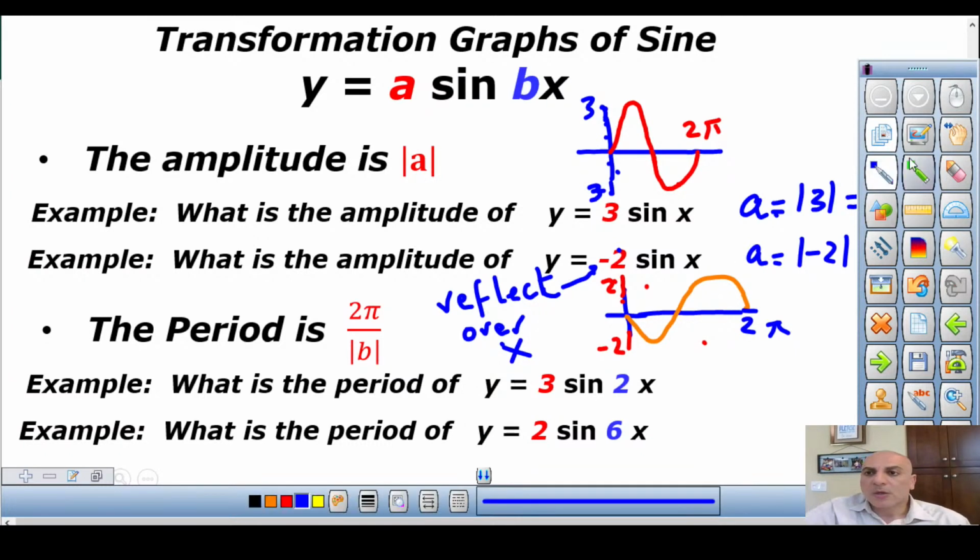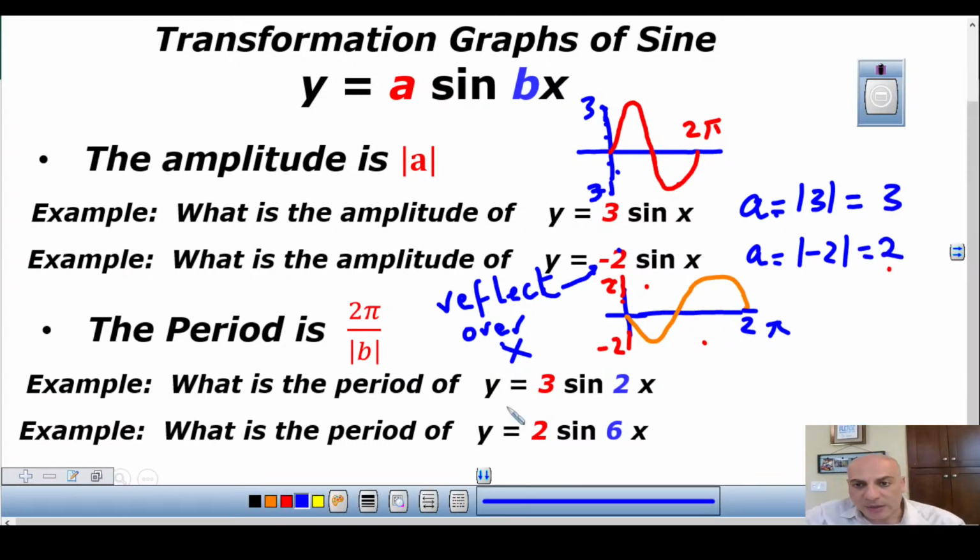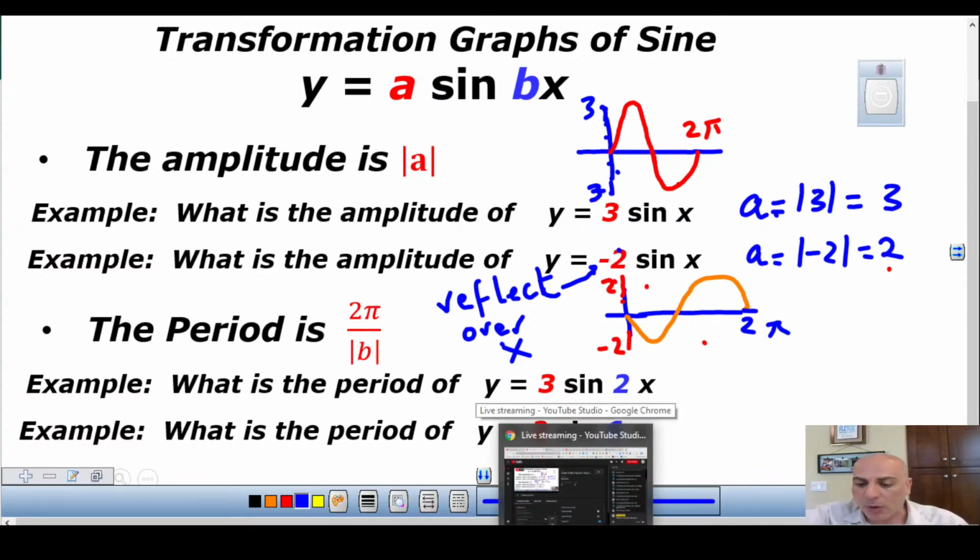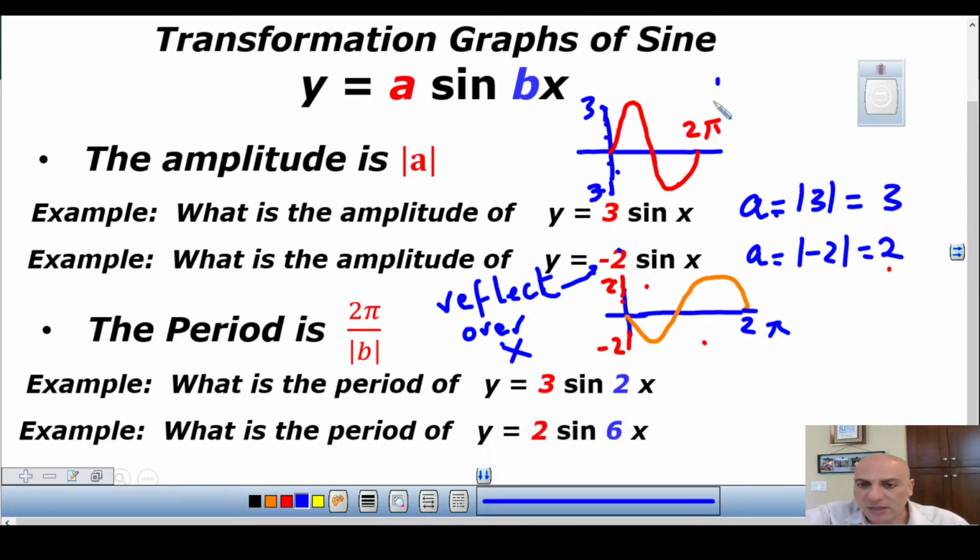Okay, now how about this child here? Well, this child says, I'm a little bit interesting because I'm different. Of course you're different. All of us are. This one says 3, which means, remember, the amplitude is 3 times as tall. And this one says 2x. Okay, the 2 is the b. If you remember, the b helps me find the period, helps me find how long this child takes to start and finish the wave.